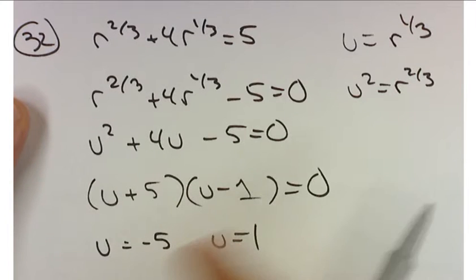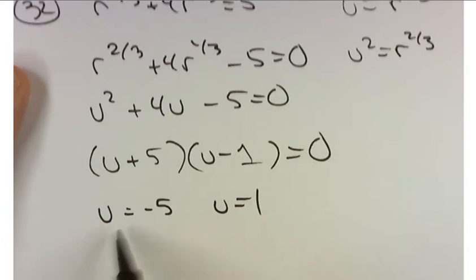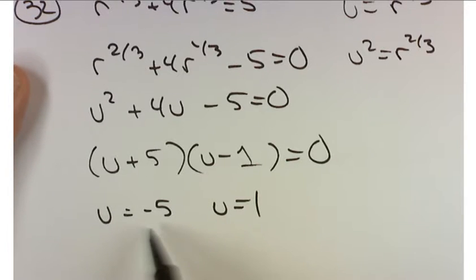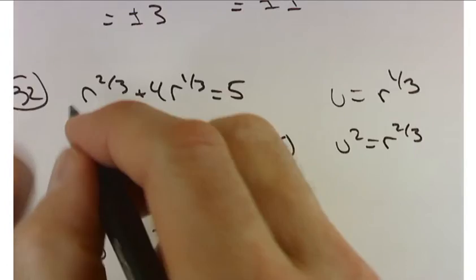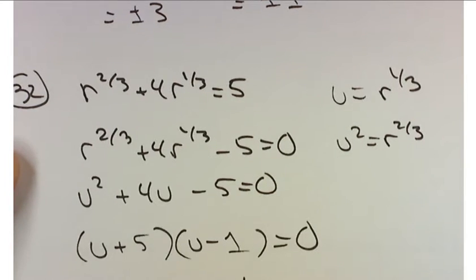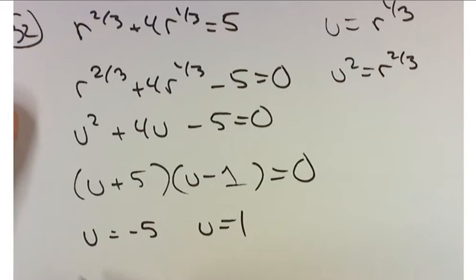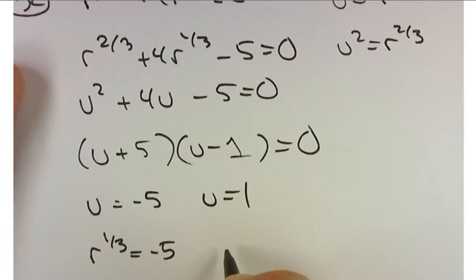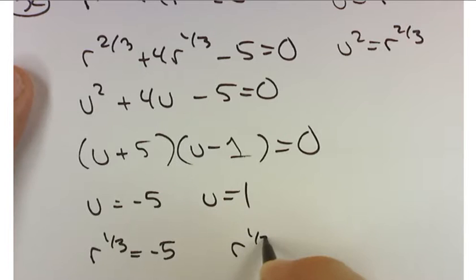But actually, at this point, now that we've solved for U, we're going to realize, you know what? The original problem asked us to solve for something in R. So I'm going to go back and say, this is really R to the 1/3. So I didn't really lose my R's. I just worked around using these fractional exponents. So R to the 1/3 equals 5, and R to the 1/3 equals 1.